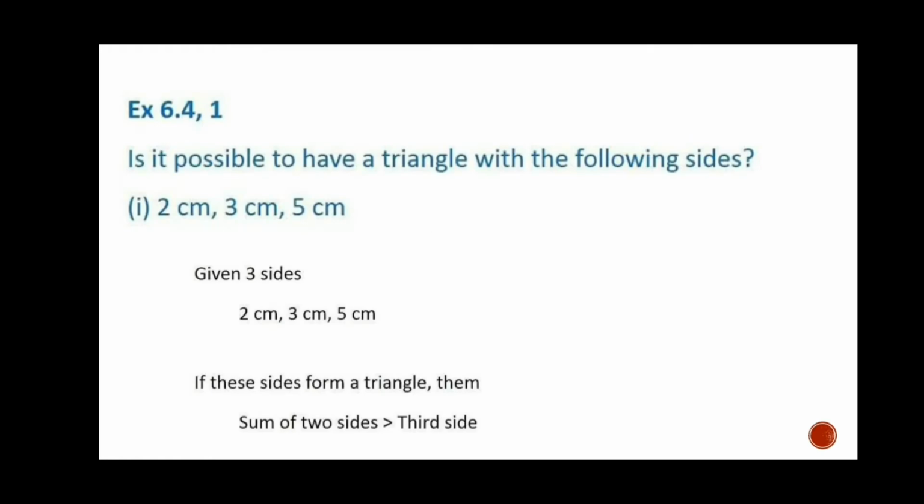So the first question is: is it possible to have a triangle with the following sides? The sides given are 2 centimeter, 3 centimeter and 5 centimeter. And it is asking whether we can make a triangle with the help of these sides. So we will use the side sum property, that the sum of two sides of a triangle is greater than the third side.